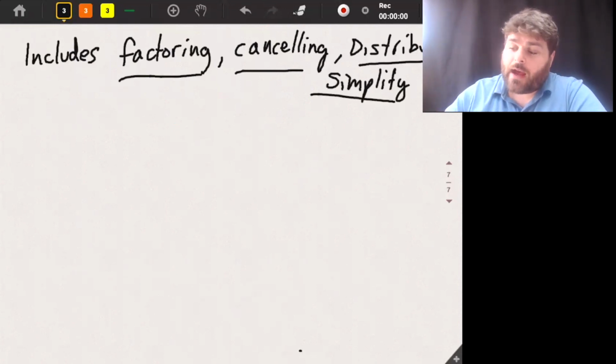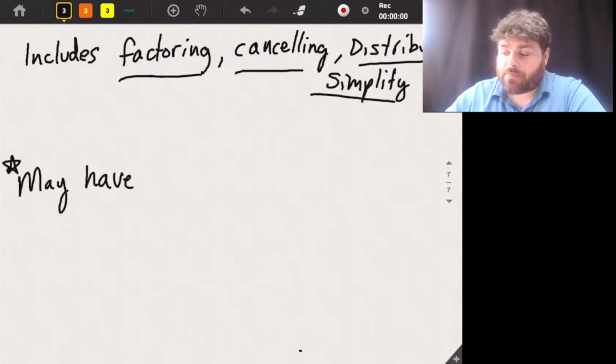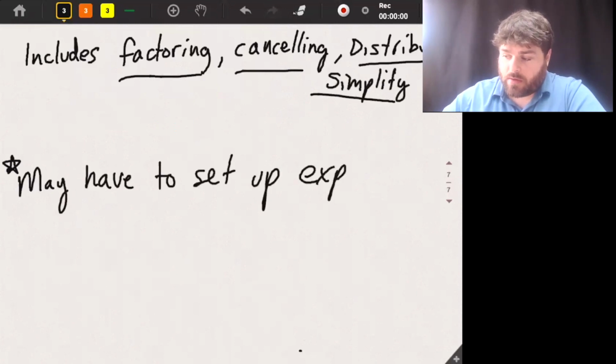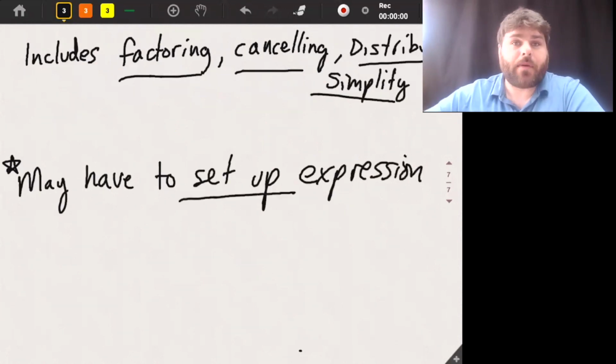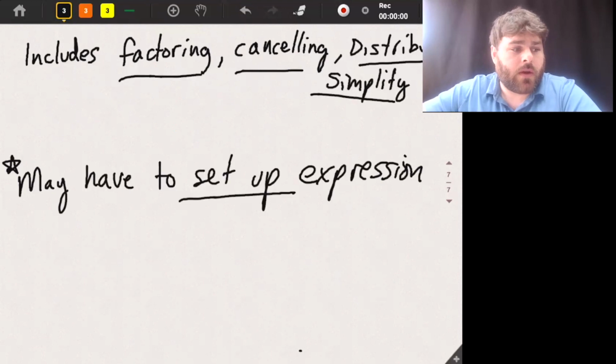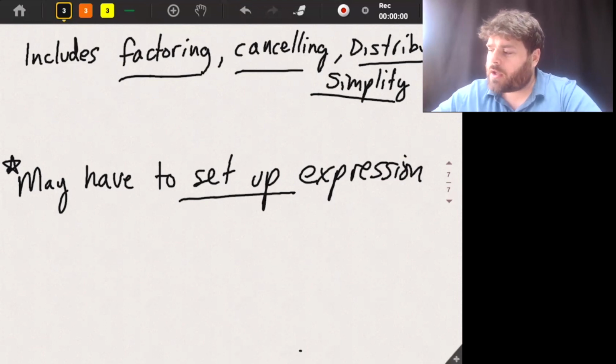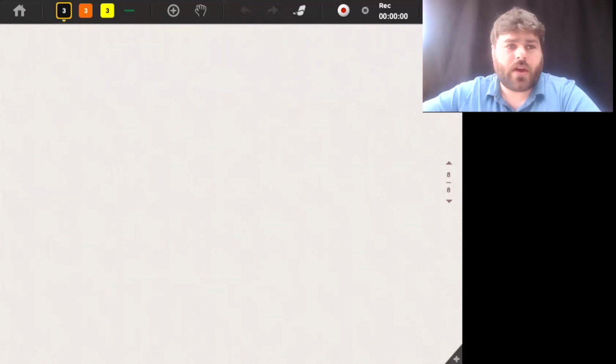All right, now, I'm going to put a star by this, you may have to actually set up an expression. You may need to actually set it up, and this can be kind of a tricky thing to do, especially with variables. Variables kind of make it a little tricky. So I'm going to show you a little trick that I use all the time to help with setting up an expression.